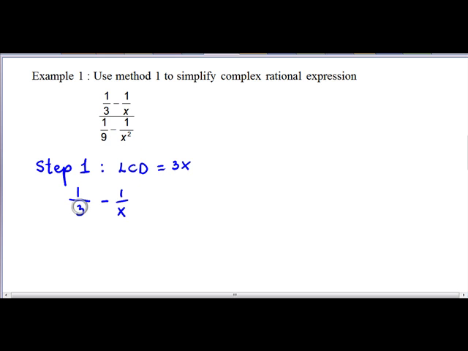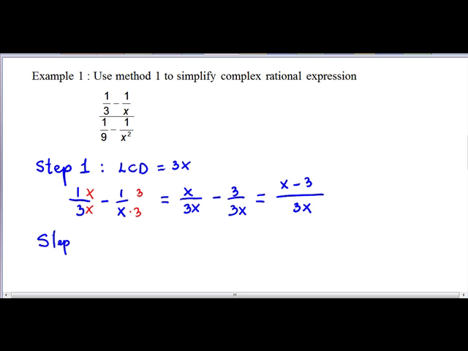So I multiply by x in the top and the bottom, and for the other fraction I multiply by 3 to get the LCD. So we have x over 3x minus 3 over 3x. Now we can simplify this. I have x minus 3 over 3x.